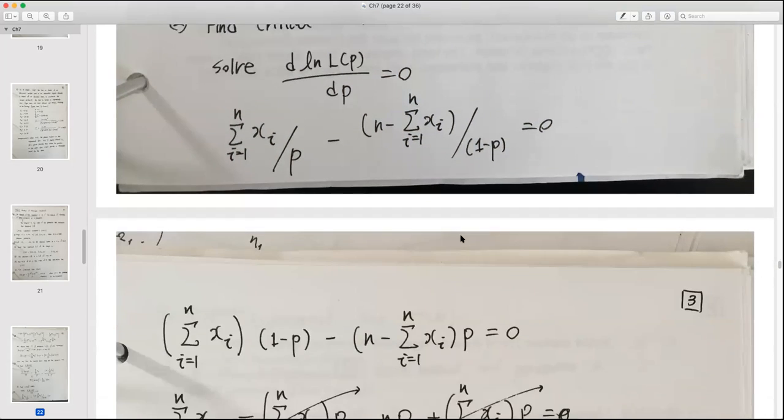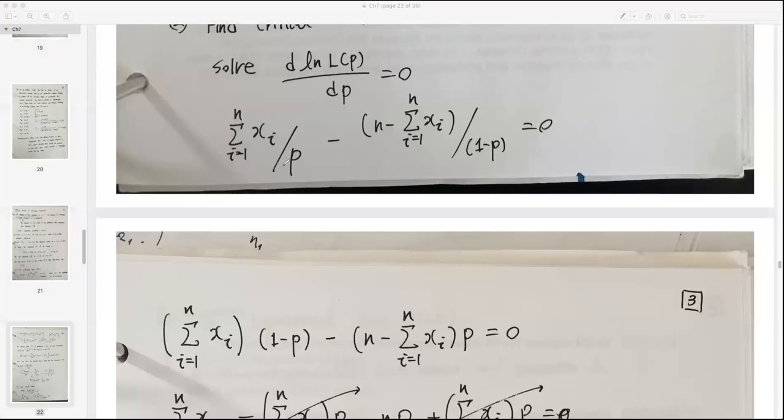So now we solve this equation. First, we want to get rid of the denominators, so this is just applying a little bit of algebra.